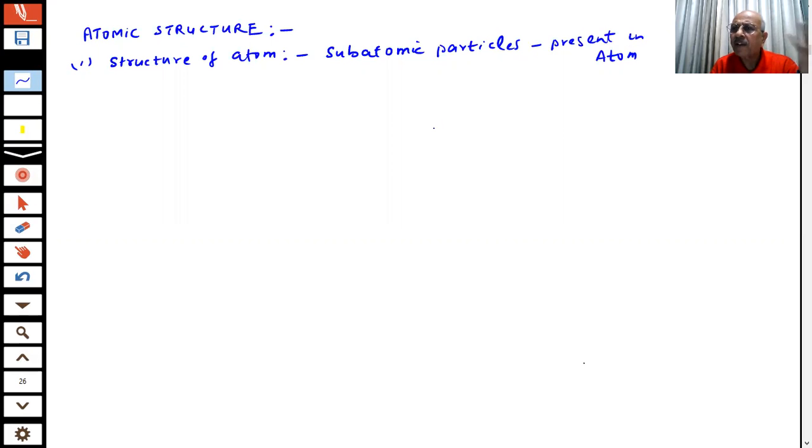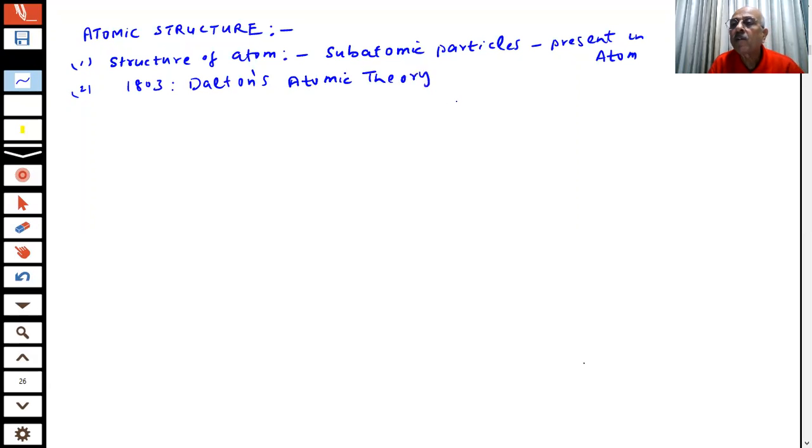Before that, there was no information that there are particles present inside the atom, though people knew there are some very small particles which make up matter. In 1803, an important revolution took place when Dalton proposed his postulates, Dalton's atomic theory.